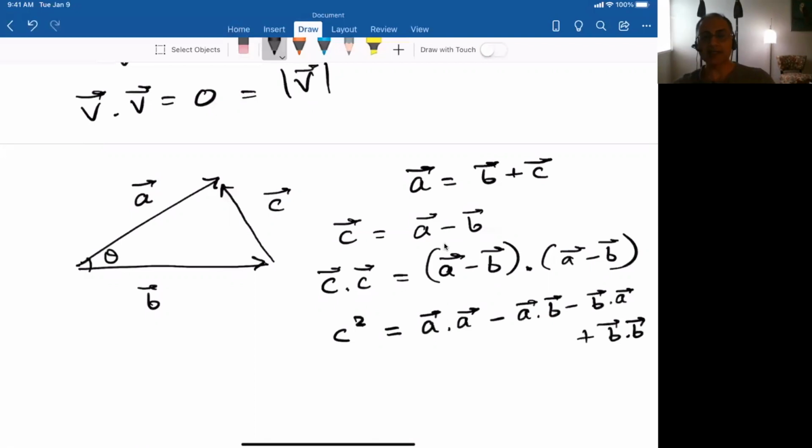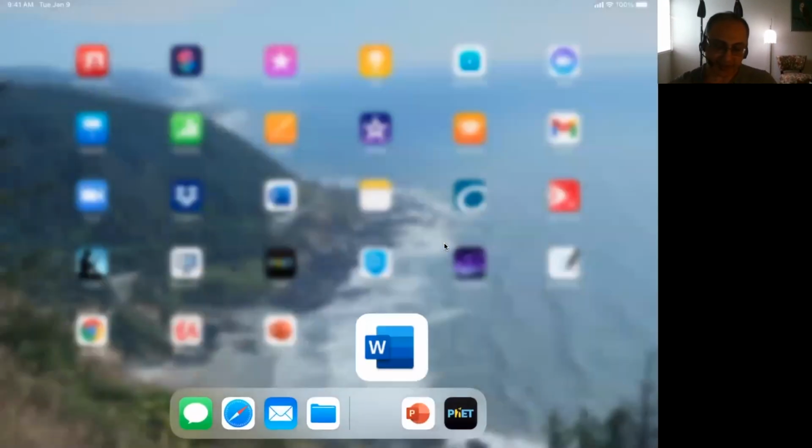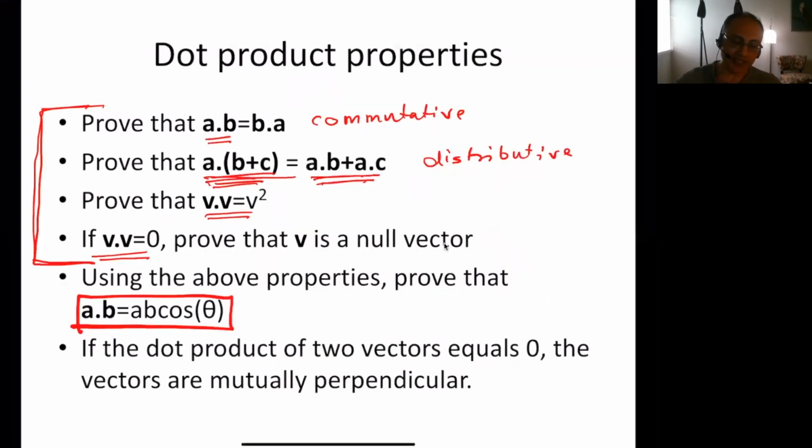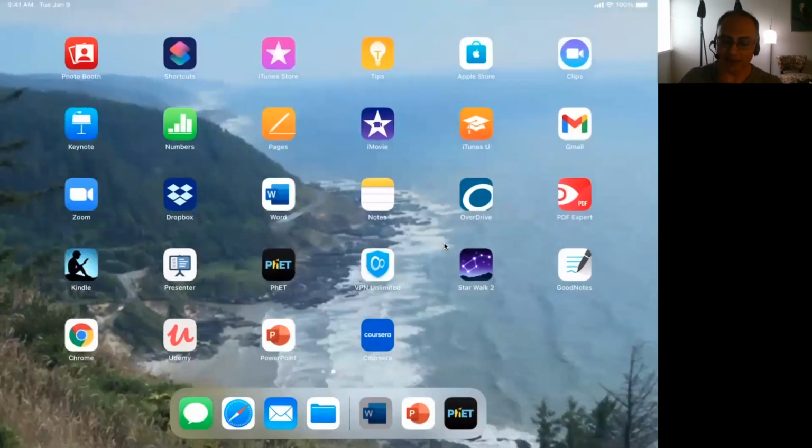And how do I know that it's okay to foil? That is because we've already proved that the distributive law works. We can't assume any of the rules from our ordinary scalar mathematics translate directly. We have to be really careful. But this one will work because we've already proved that the distributive law works. So that means it's okay to foil.